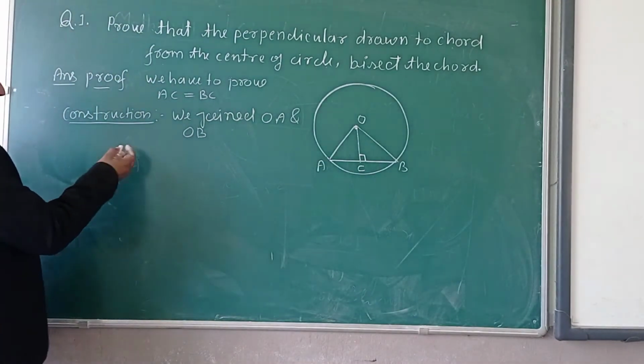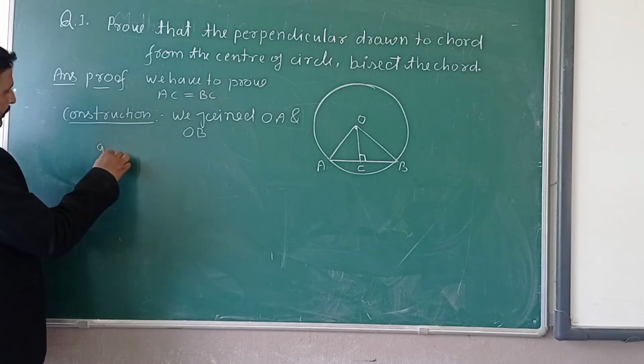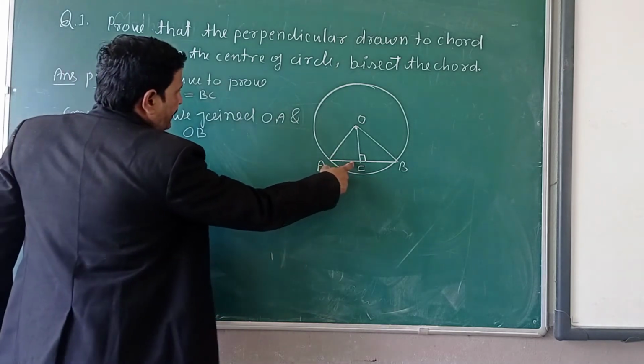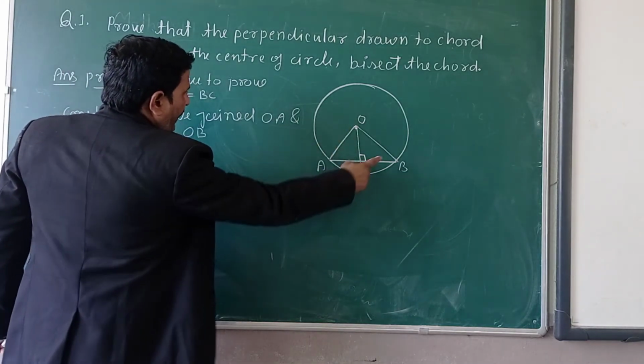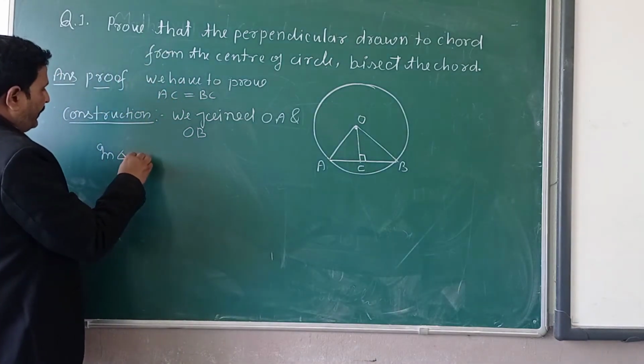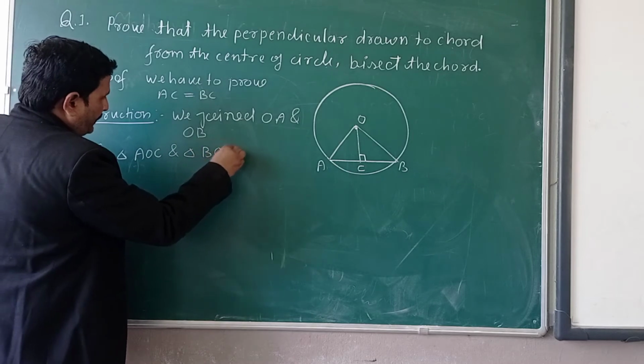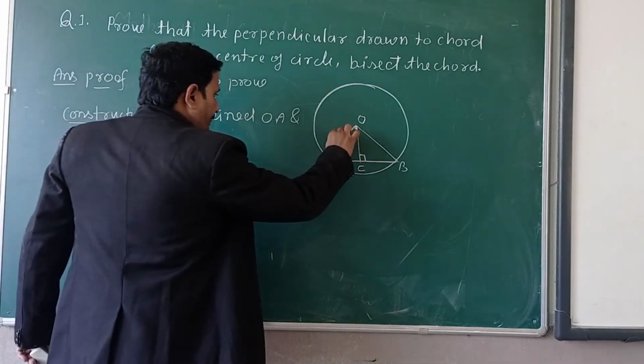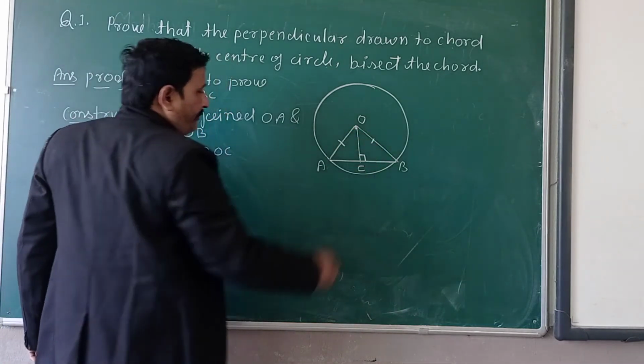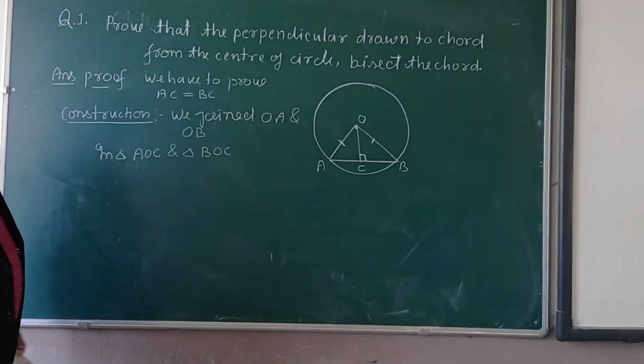Now proof. In two triangles, AOC and BOC, just you see that. This side is equal to this side. Why? Radii of the circle.